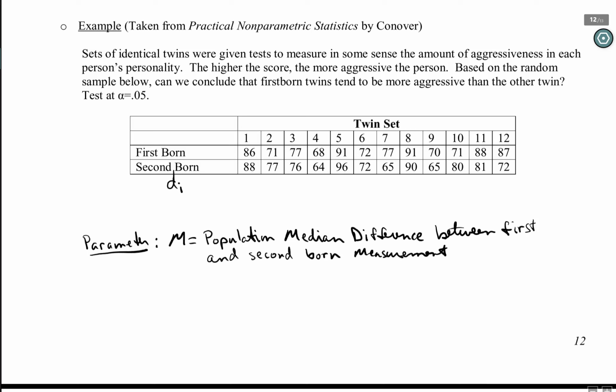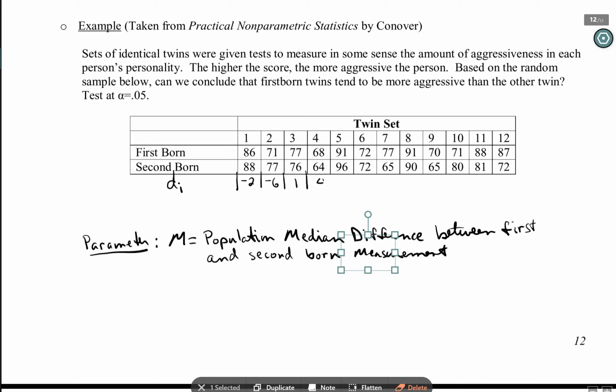The differences are going to be -2 there, -6 here, 1 here, 4 here, 91 minus 96, -5, difference of 0, 12, 1, 5, -9, 7, and 15. Okay, that's d sub i here.